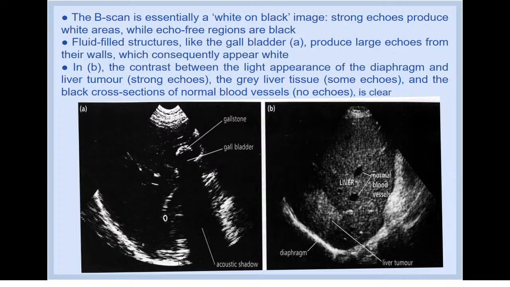So in B-scan there is contrast between the light appearance of the diaphragm and liver tumor, strong echoes, the gray liver tissue, some echoes, and the black cross-section of normal blood vessels, no echoes, and these all are clear here.